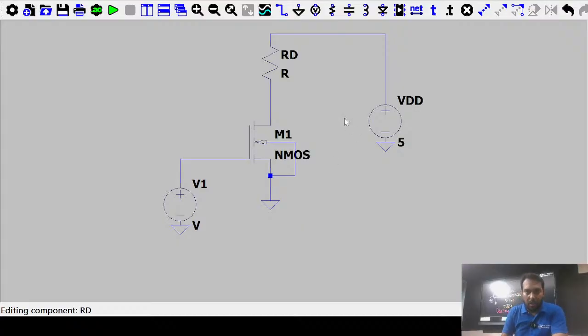So this is 57.67 kilo ohm, and the gate voltage that I am providing is 1.346. You can put that name here as VGS, because the source is grounded. The gate voltage is the same as VGS here, so you can put the name VGS, so you can better understand. So this is your VGS.